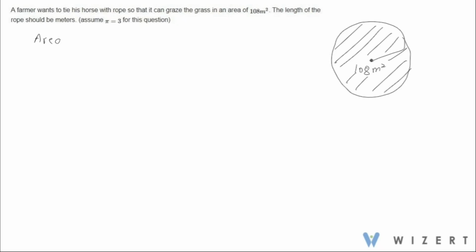So area of the circle where the horse can graze is given as 108 meters square.